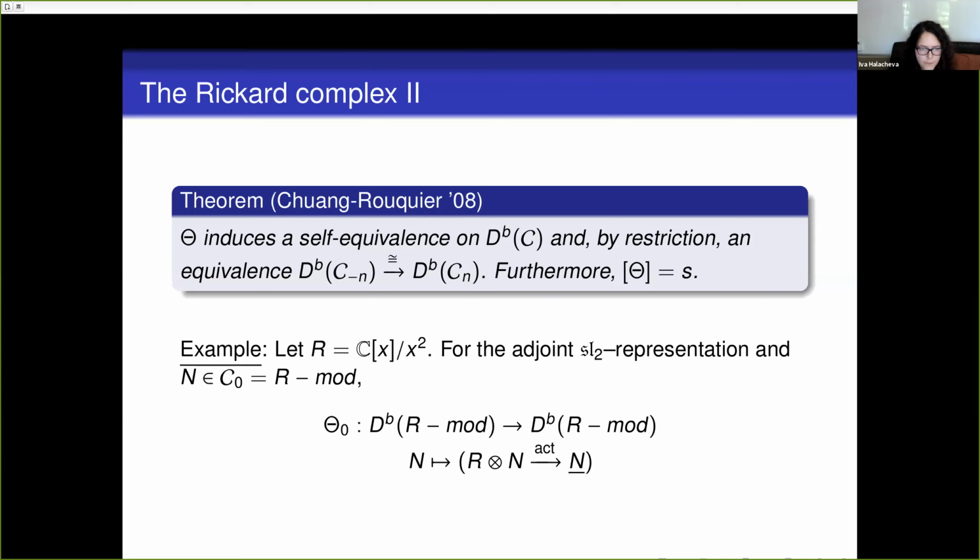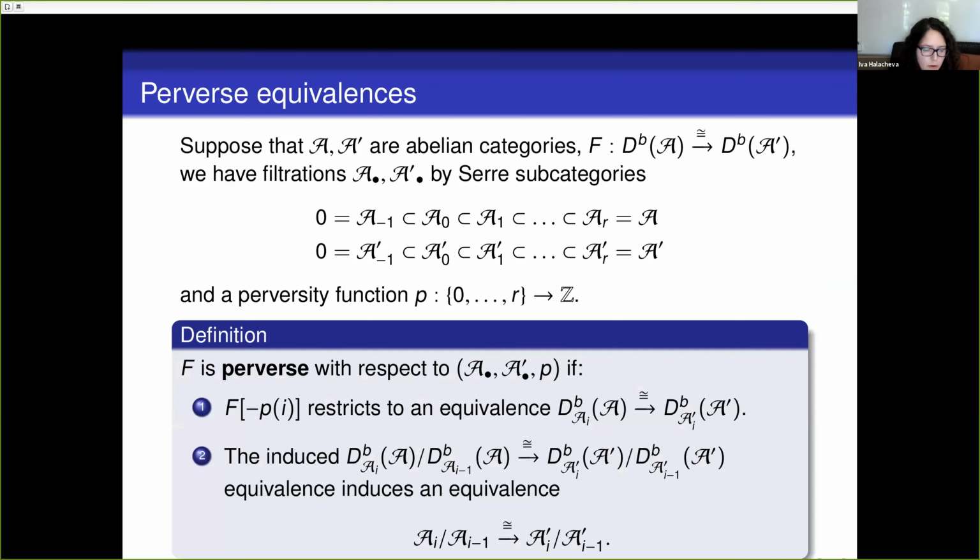And so we're interested in understanding further the structure of these Rickard complexes. And in particular, we would like to show that they're what is known as perverse equivalences. So here's a little bit, perhaps, scary definition, but let me go through it with you. So suppose we have, as in our setting, two abelian categories and an equivalence between their bounded derived categories.